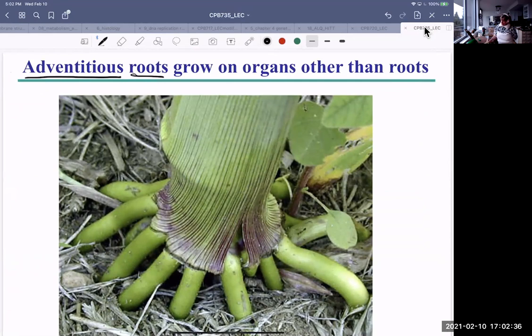Interestingly, in this case, it's the stem. So this part is the stem, and the roots are basically modified stems that act like roots. So they're pseudo-roots, really. They're not from root tissue, but they act like roots.